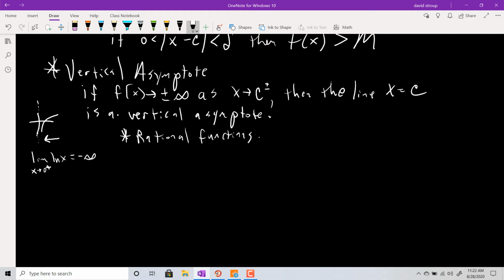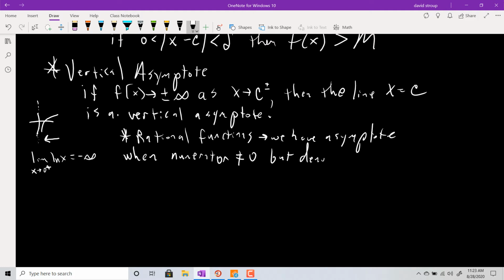Rational functions have an asymptote when the numerator is not 0 but the denominator is.